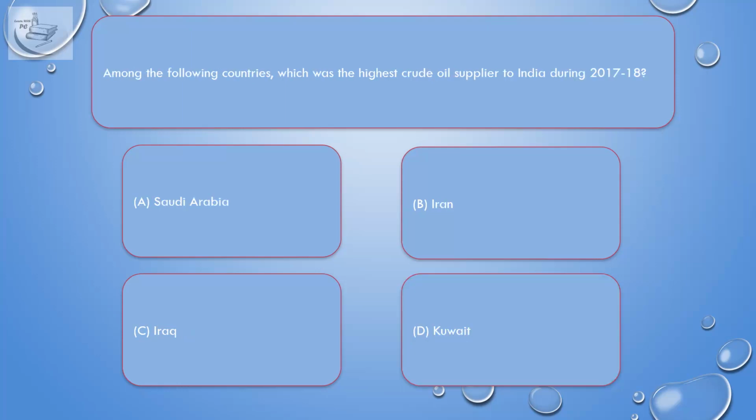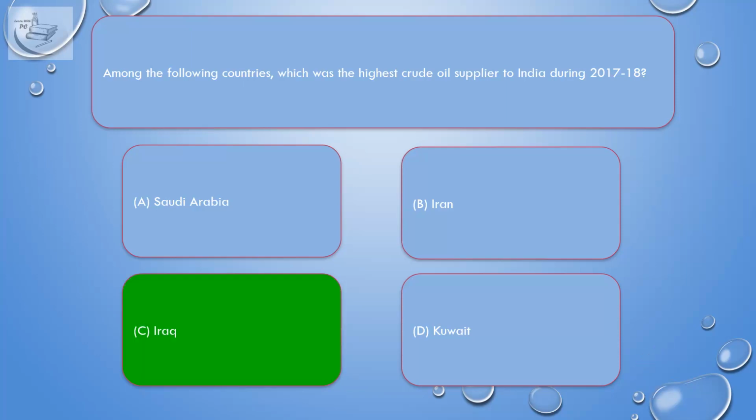Question: among the following countries, which was the highest crude oil supplier to India during 2017-18? A. Saudi Arabia. B. Iran. C. Iraq. D. Kuwait. Correct answer is C. Iraq.